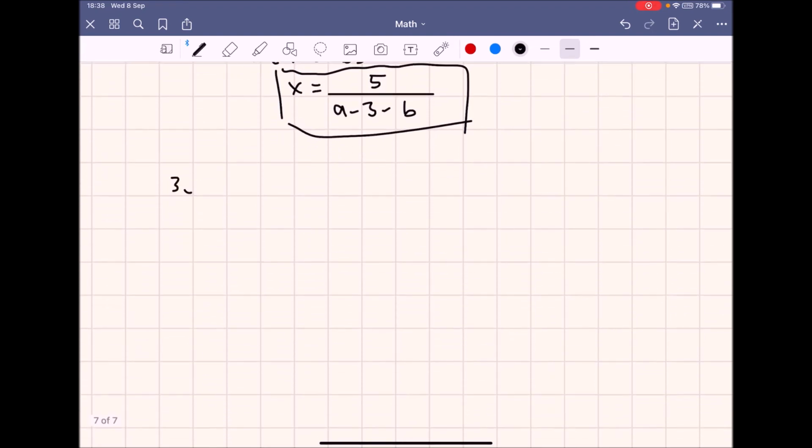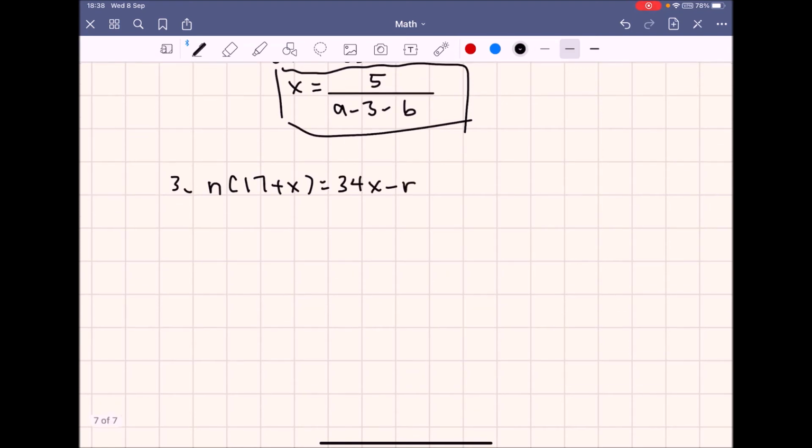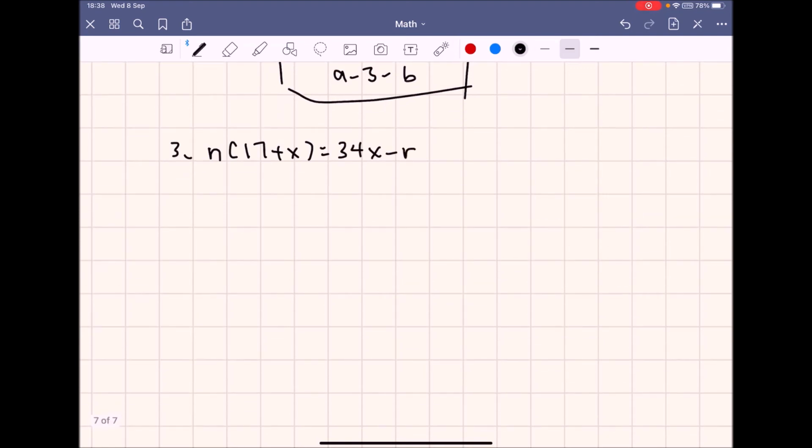Let's do 3 more. So in this question, n times 17 plus x equals 34x minus r. And we do the same thing, we distribute the n, we get 17n plus nx equals 34x minus r. By the way, this question also asks you to solve for x.